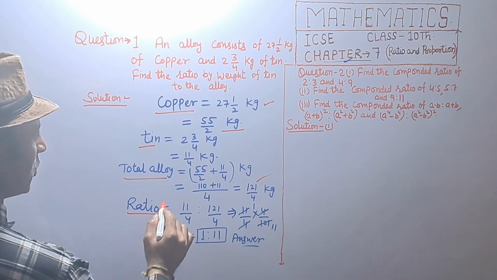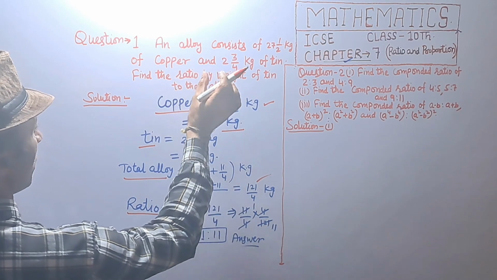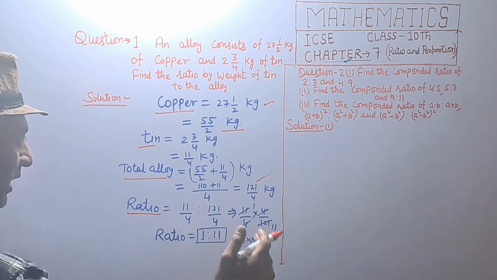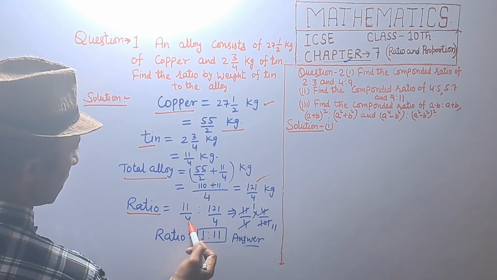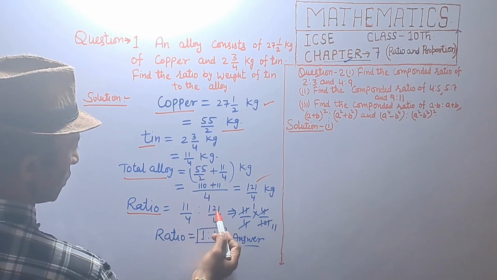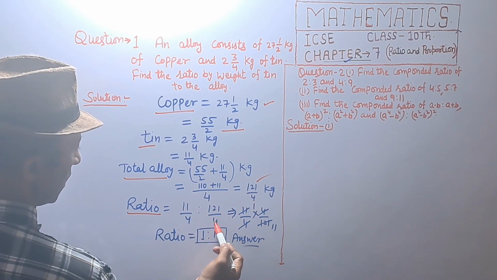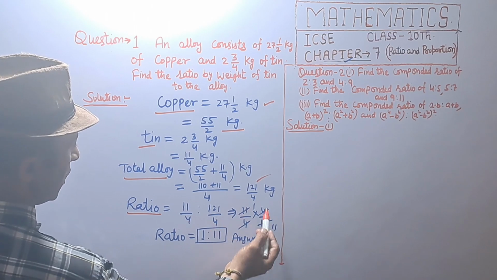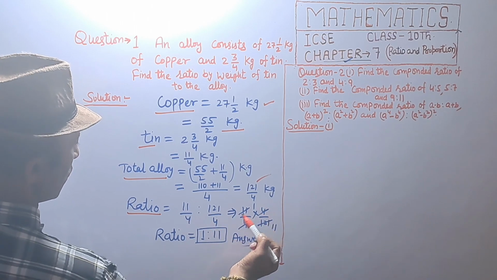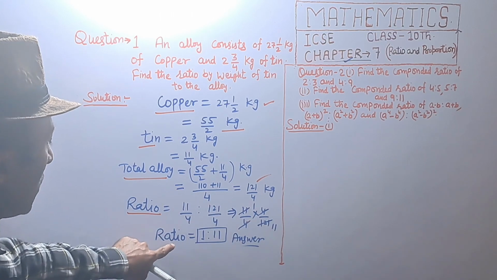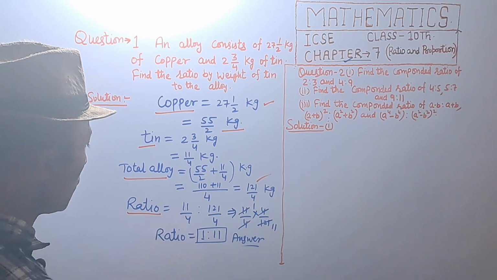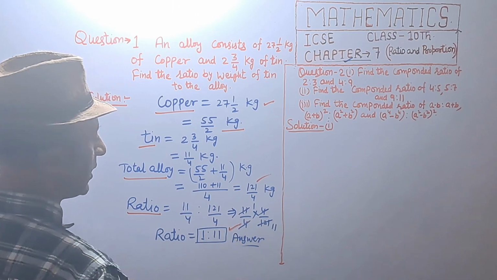And find the ratio by weight of tin to the alloy, that is 11/4 ratio 121/4. 11/4 into 4/121, 4 4 is cancel. 11 11s are 121, so required ratio is equal to 1:11. Answer.